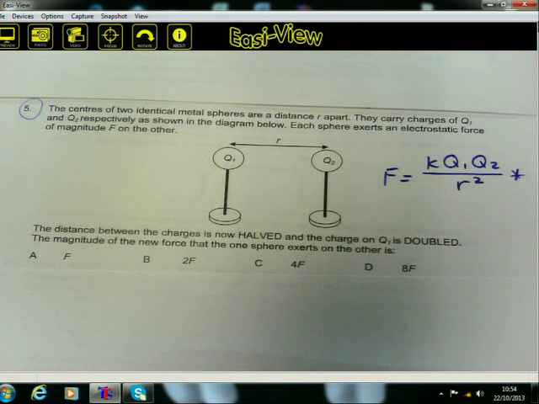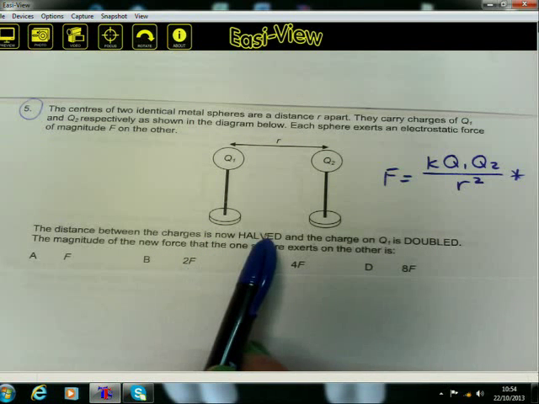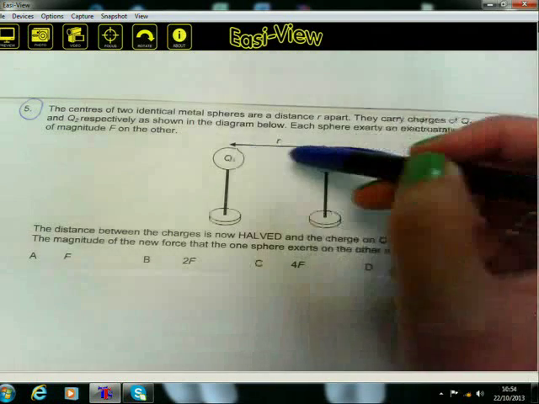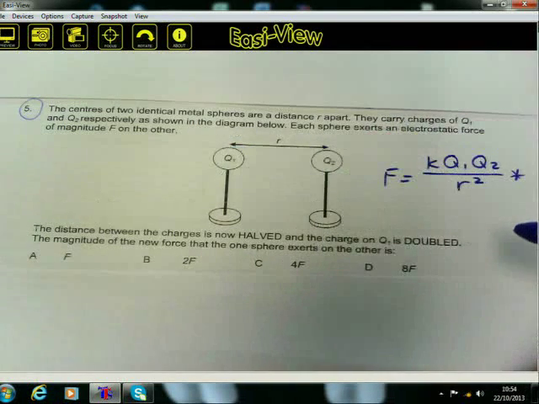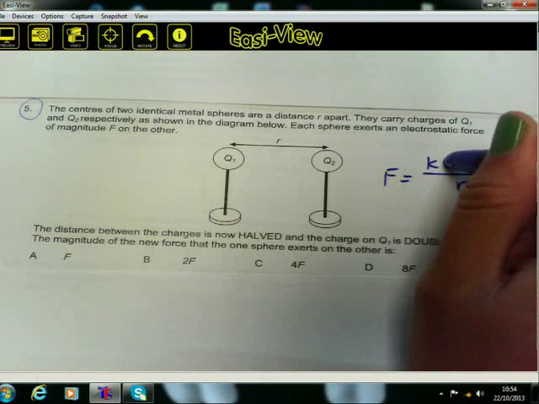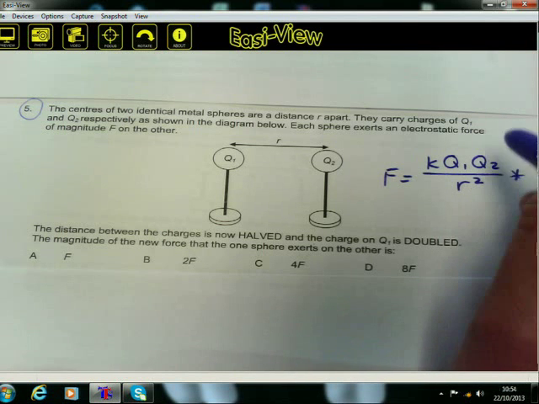Now they're going to change this. The distance between the charges is now halved. We're cutting the distance between these two in half. And the charge on Q1 is doubled. So you must remember there are two things happening now.